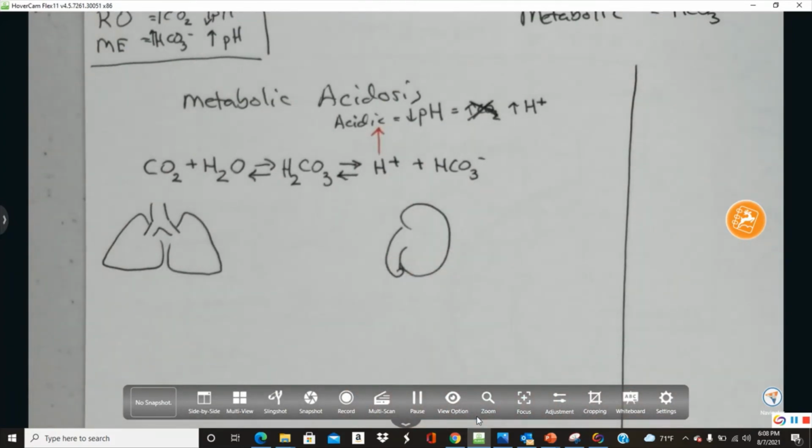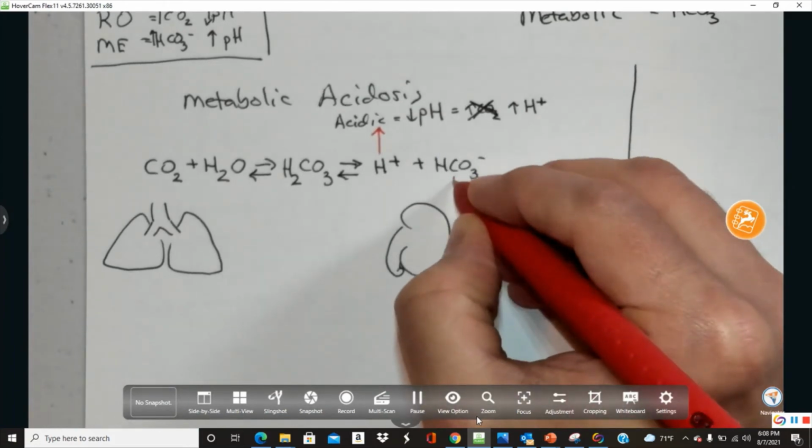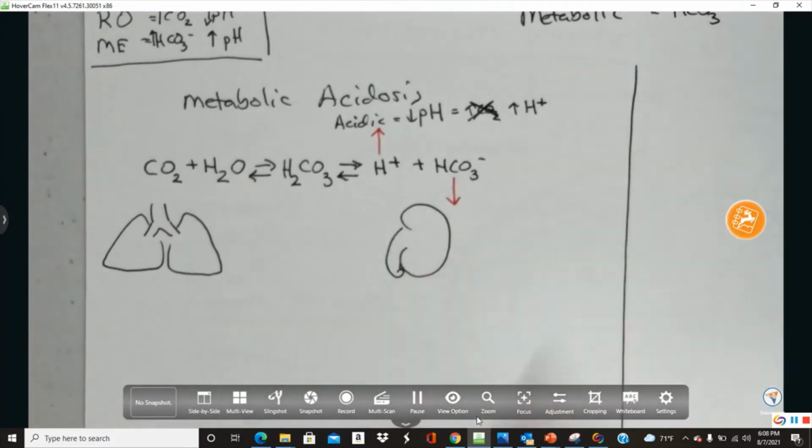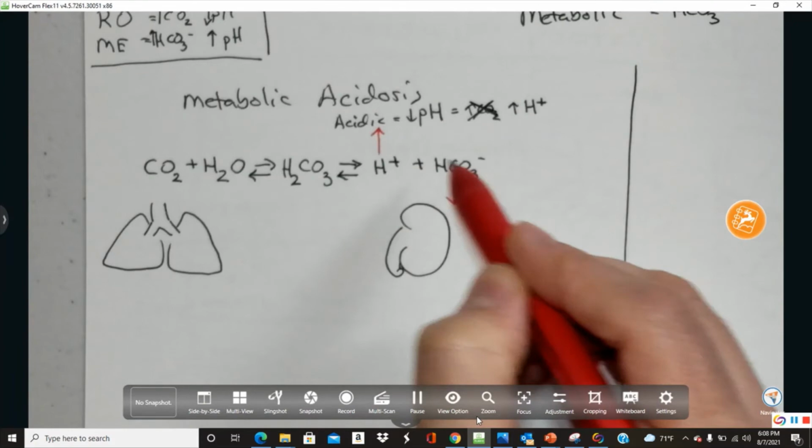So we might even begin to say, guys, that with the elevated hydrogen ions, remember our pH is low, so that means our bicarbonate is low. We can have low bicarbonate because all these excess hydrogen ions are annihilating them.